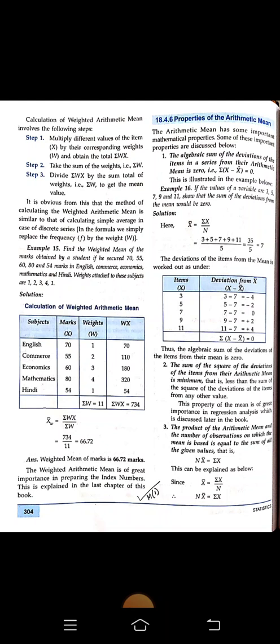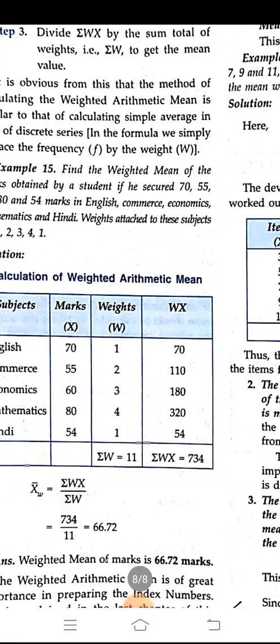First we have to add up the weights. As we are adding up the column, we are getting 11. Now W and X are getting multiplied. After that we are getting the last column, that is WX, right? So we are adding that together.